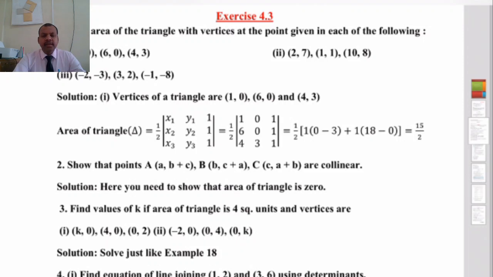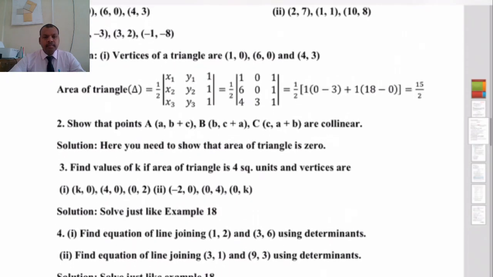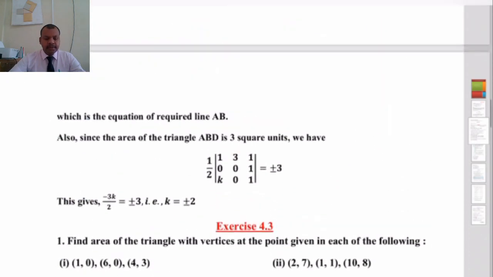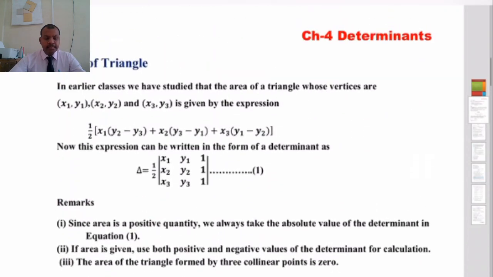And when it comes equal to 0, we can say that these points are collinear. So please do it yourself. Now come to the next question, question 3. Find values of k if the area of the triangle is 4 square units. This we have completed in an example, you can see here.